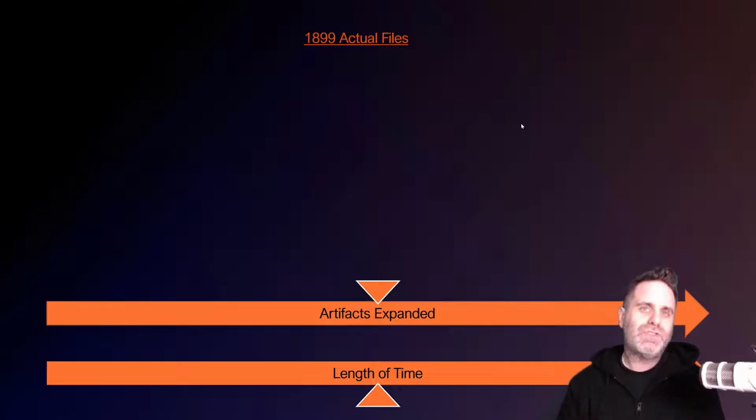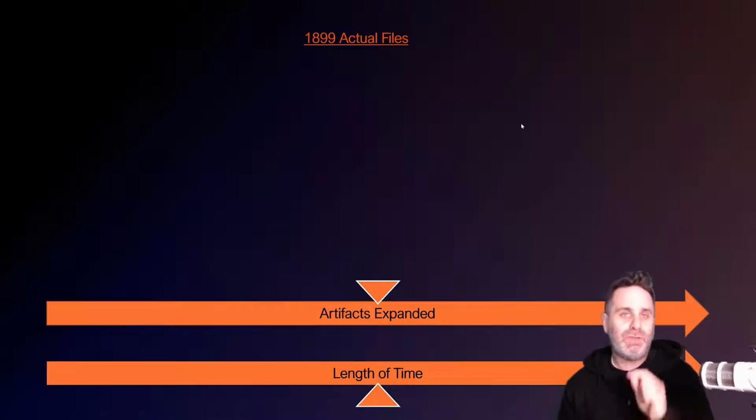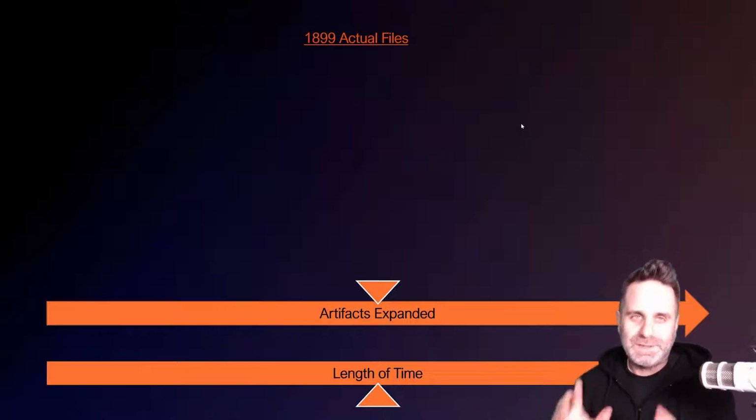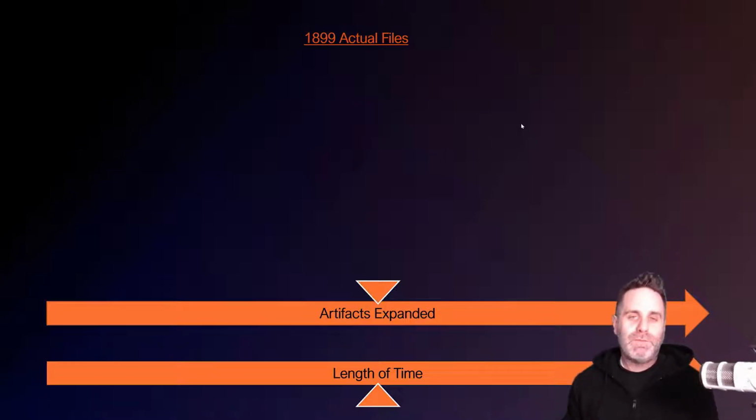To illustrate this point, I have a small image. If you've taken Access Data training before or have been around in the forensic community, it's the man-tooth image. It's been around forever, but it's perfect for these little examples. It has 1,899 actual files within the image file itself.